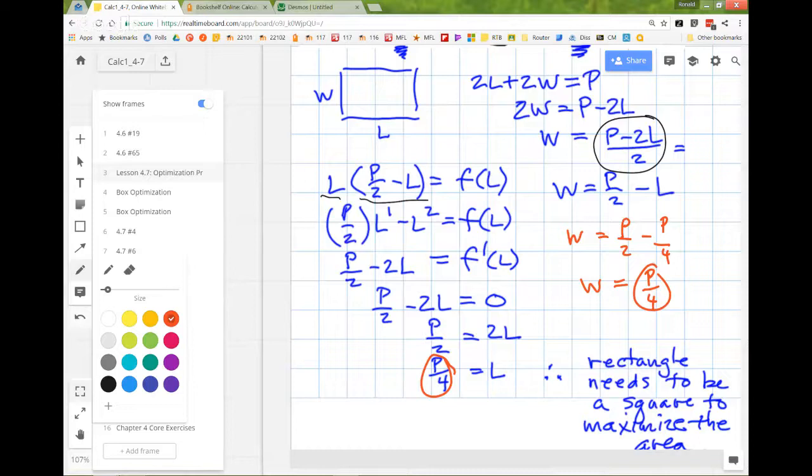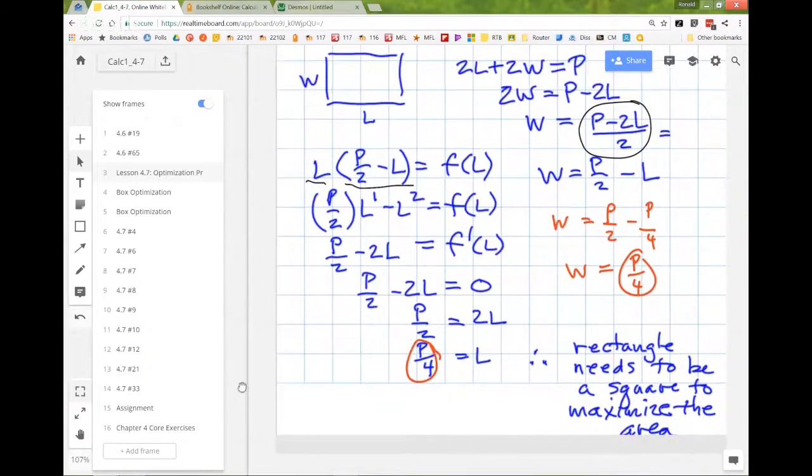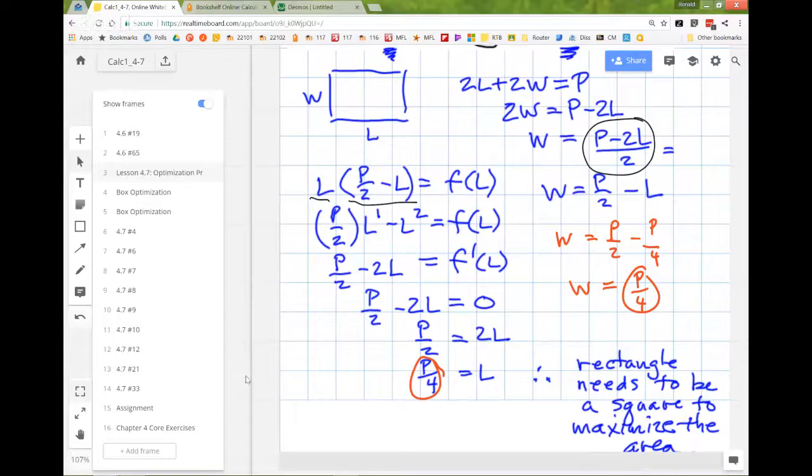In other words, we came up with a square. So a little more abstract there, but you don't have to have a number to do a problem. You can have a constant like P and still solve your problem.